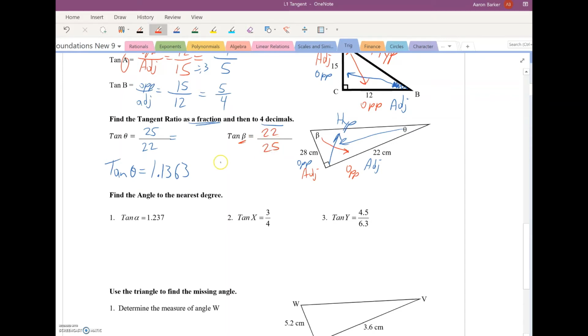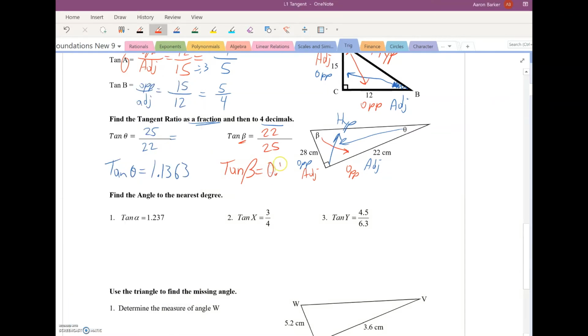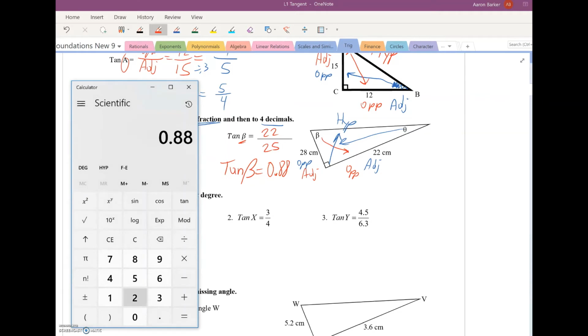The fraction's inverted. So now tan beta equals, I go to my calculator and simply divide my fraction. I'm turning my fraction ratio into the decimal ratio value, 0.88. You don't need to write two zeros afterwards because it doesn't change the value of the number.